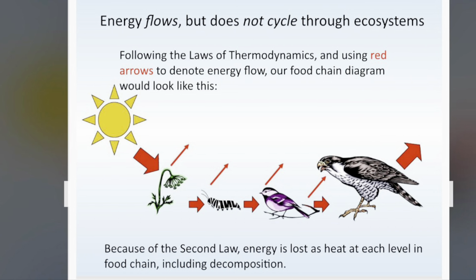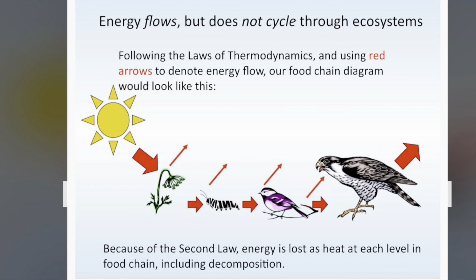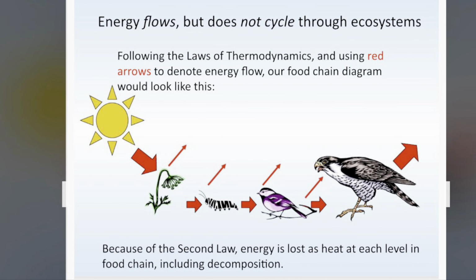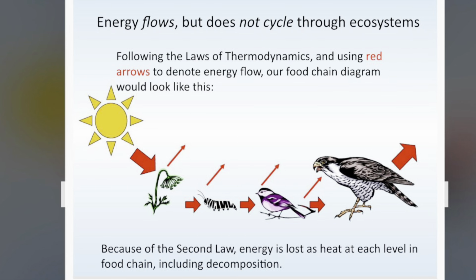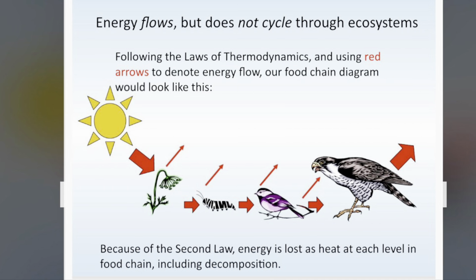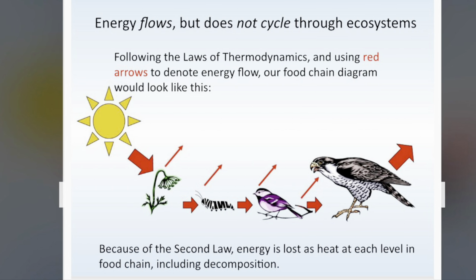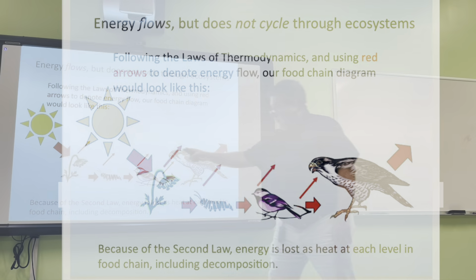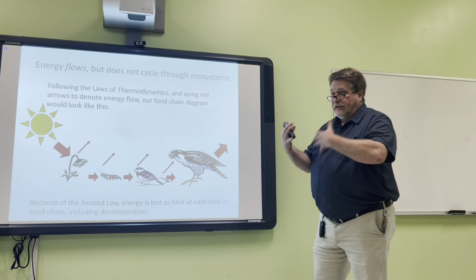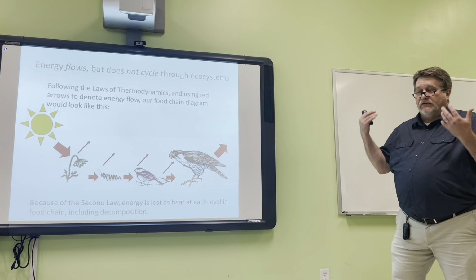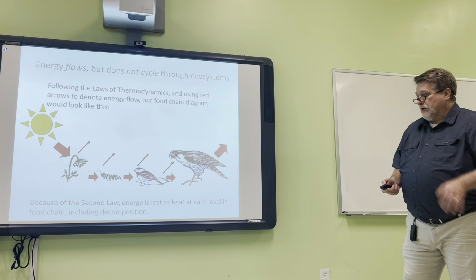So when a plant captures the energy of the sun, it's going to use that energy to convert the carbon, hydrogen, and oxygen into glucose. When a chickadee eats the caterpillar, not all of that energy is going to be recouped. Some of it's going to be lost through metabolic processes.